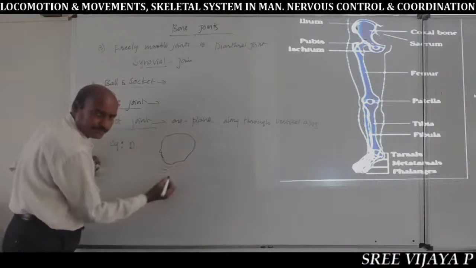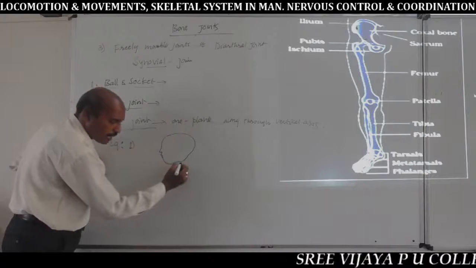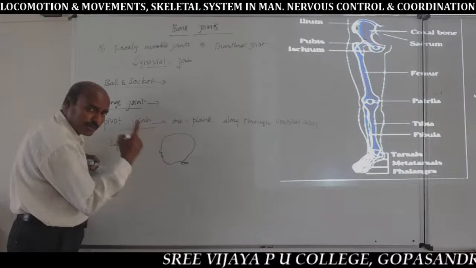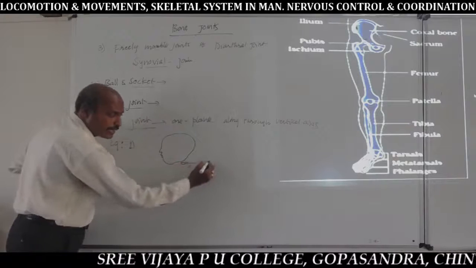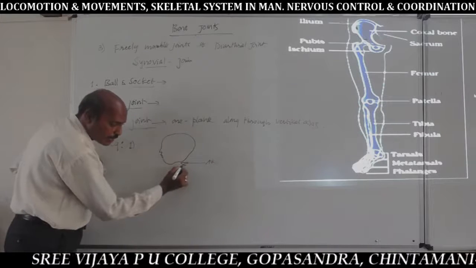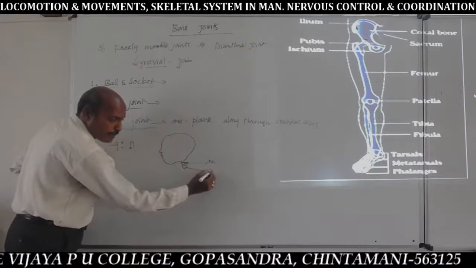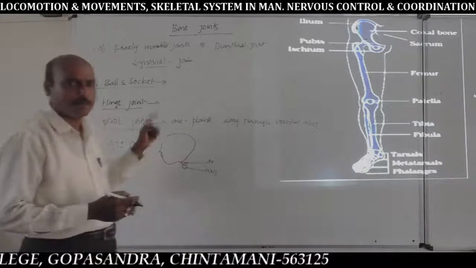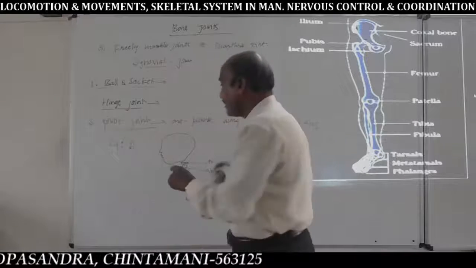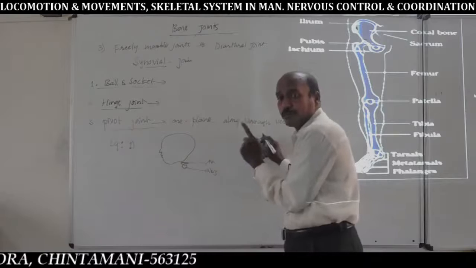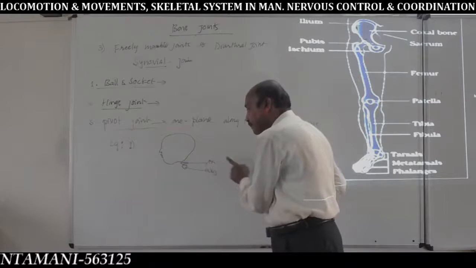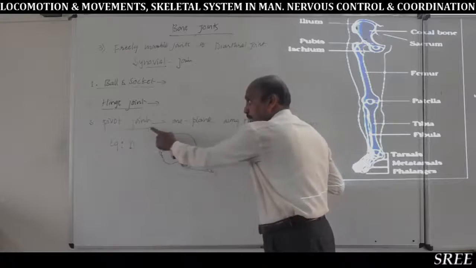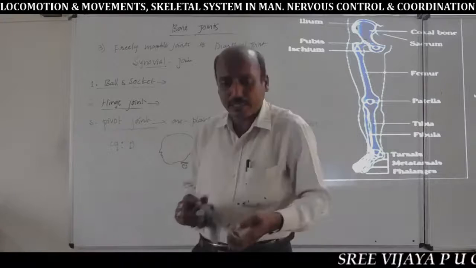In this skull, the atlas bone, the first vertical column bone called atlas bone, is attached to the axis bone through a pivot joint. So, you should remember this statement, the joint present between atlas bone and axis bone is the pivot joint.